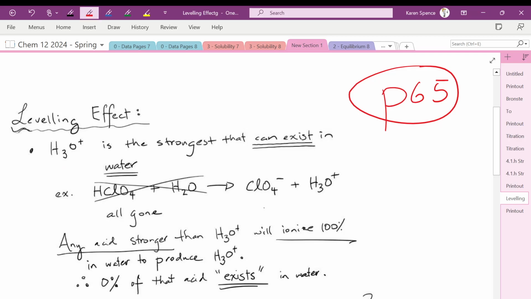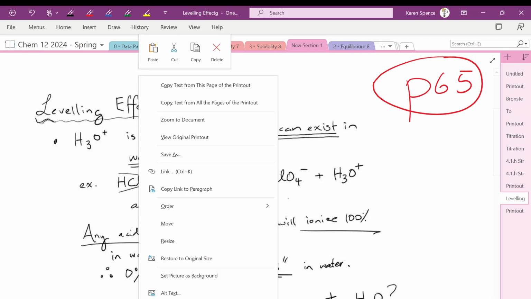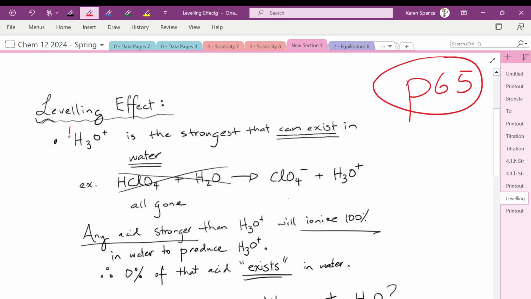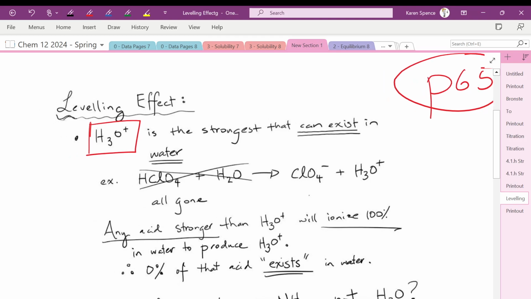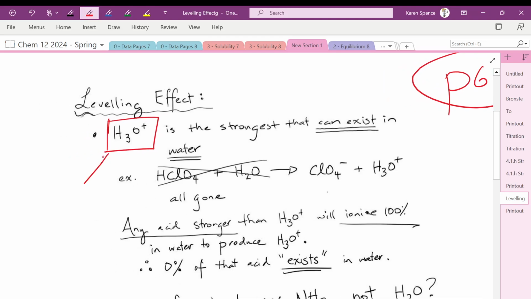H3O+. Now, first of all, before we go into anything on H3O+, please tell your partner what the name of that ion is. H3O+ is the hydronium ion.